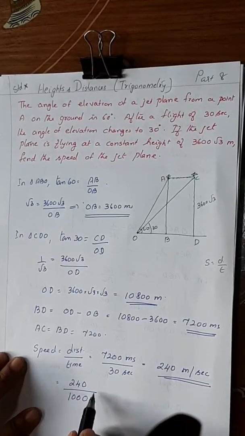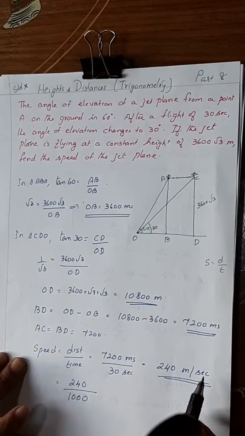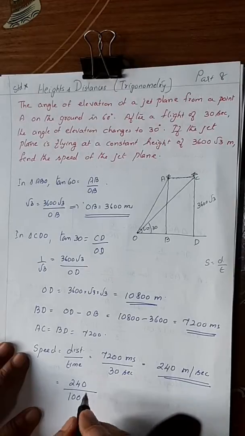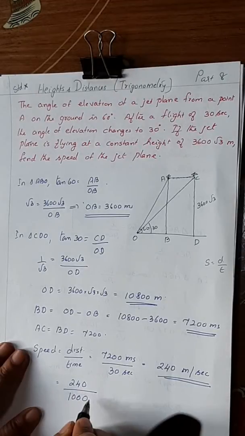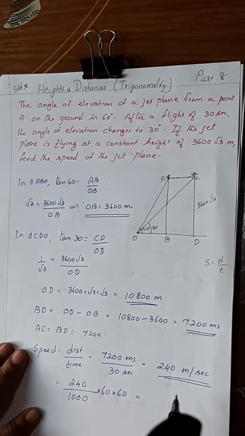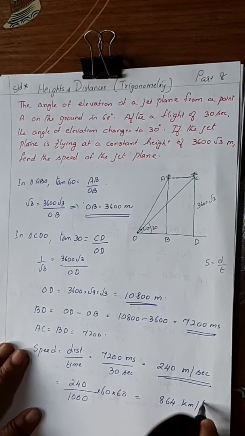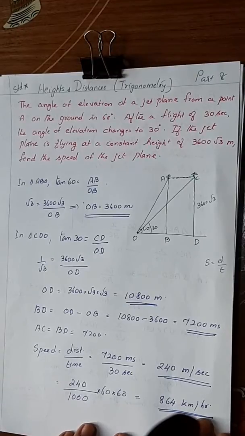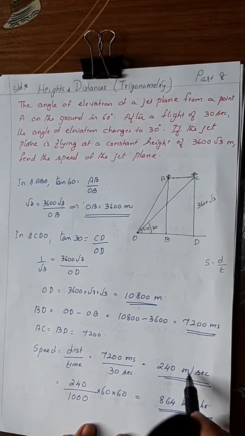Now to convert the seconds to hour, you have to multiply by 60 into 60. So finally you will get the answer as 864 kilometers per hour. Generally the speed of the plane we express in kilometers per hour, so it's better you convert meters per second to kilometers per hour.